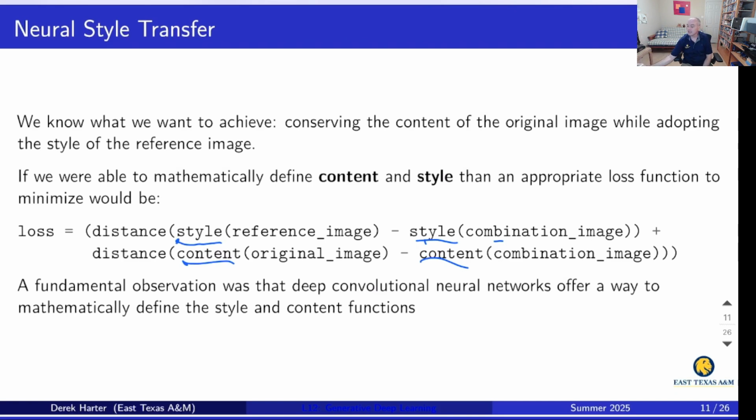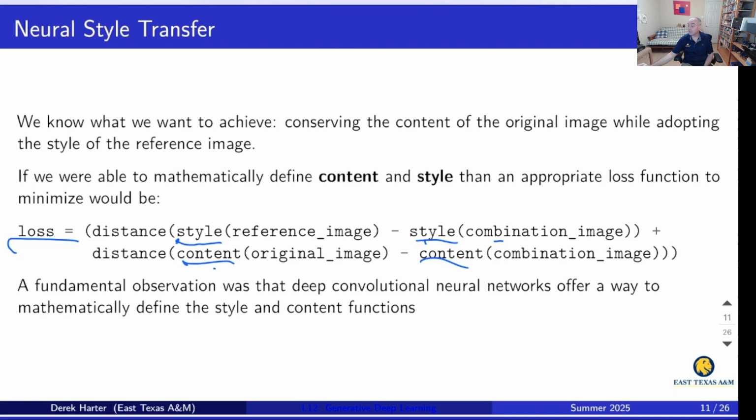If the content were exactly the same, the distance would be zero, and the further apart the content is, the larger it would be. That ends up giving us a loss function that we want to minimize again in this case.